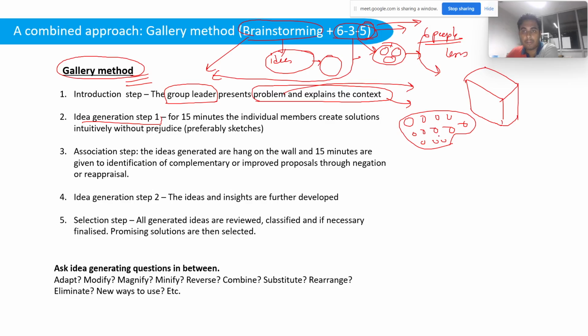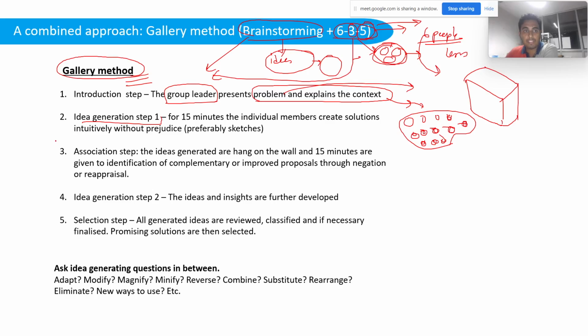Preferably, the participants are asked to generate sketches to define their ideas. This is very similar to the round table method, where participants have to give 3 ideas in the form of a sketch. But it is also like a brainstorming session, because here we have more than 6 people, and they are also asked to generate ideas in the form of sketches.